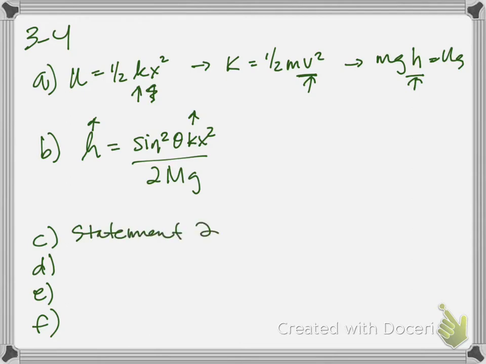However, statement 1 is incorrect. Statement 1 says the speed of the block at its maximum height is 0. Don't get sucked into that. Yes, the vertical speed is 0, but that horizontal speed is still trucking along at that maximum height. So statement 1 is wrong. Statement 2 is right. Statement 1 is wrong.